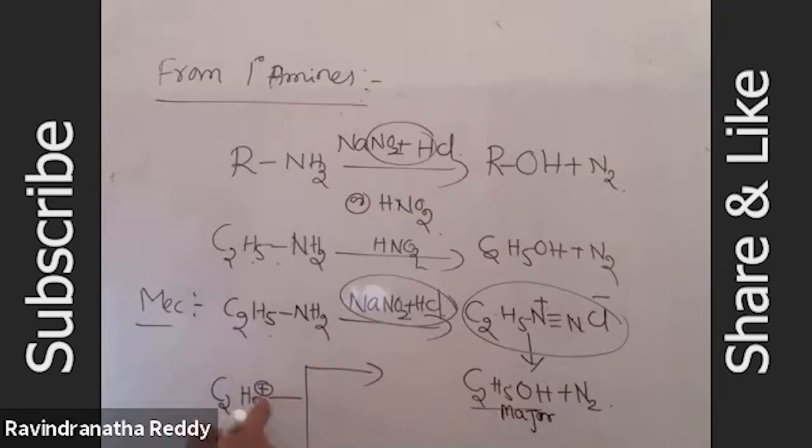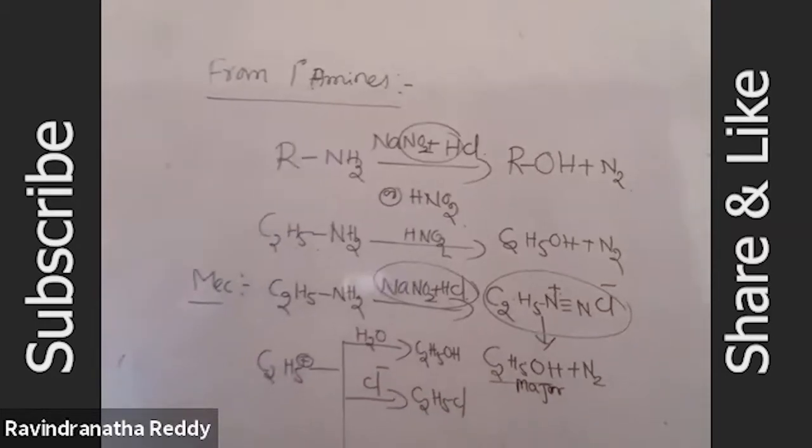This intermediate reacts with water, giving C2H5OH, the major product. If it reacts with chloride ion, you get C2H5Cl, another product.